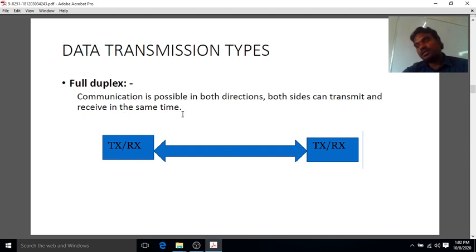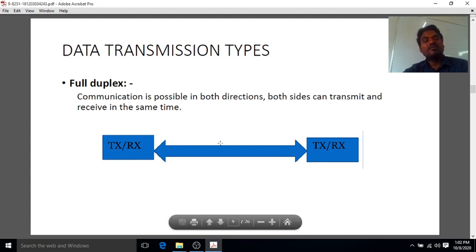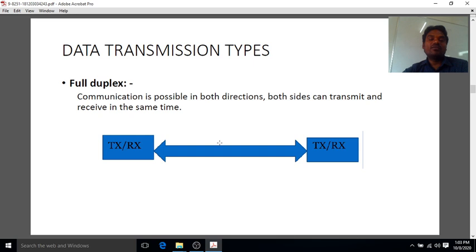This is nothing but the telephone, or a video call communication, and a phone communication. The best example for the full duplex is video call communication and telephone communication, and it is possible in both directions. Both sides can transmit and receive at the same time, and these are the data communication types.